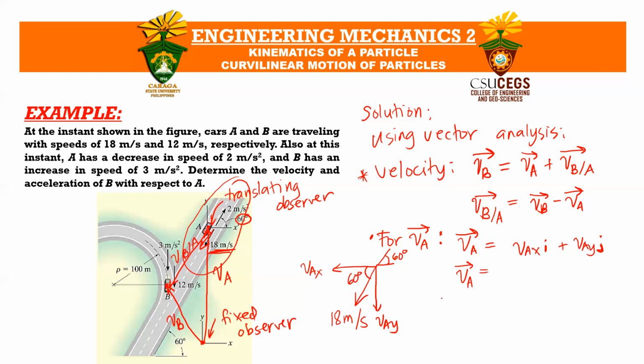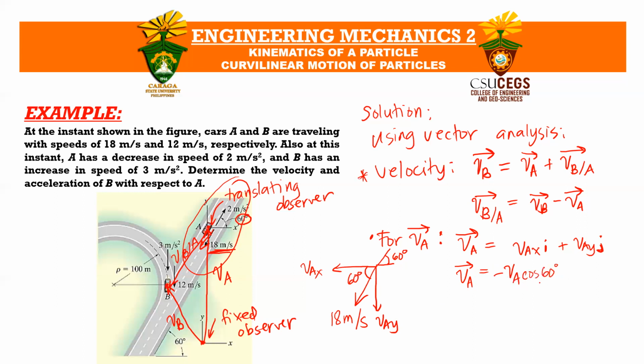So from the illustration here, both your X and Y components are negative because your X component is acting along the left side and the Y component is acting downward. So that would be negative v of A cosine 60 degrees.